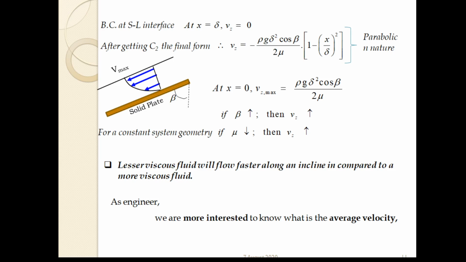So you can start with the very fundamental concept: rate of momentum in minus rate of momentum out plus summation of all forces acting on the control volume equals 0. When you use this concept and define a control volume, the smaller size is denoted by the direction in which the flow is changing, and in this case it changes with the x direction.